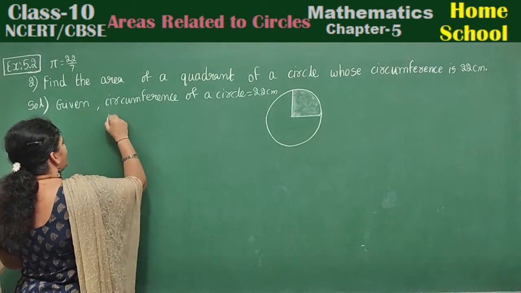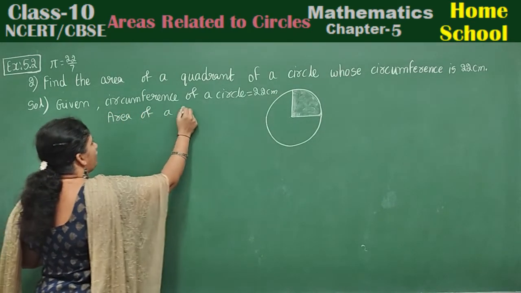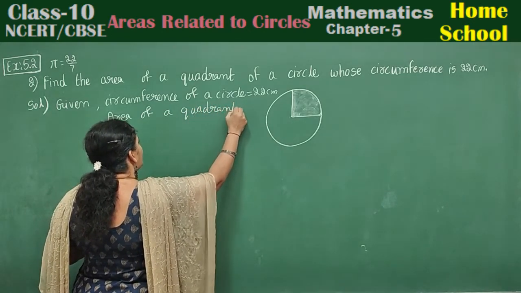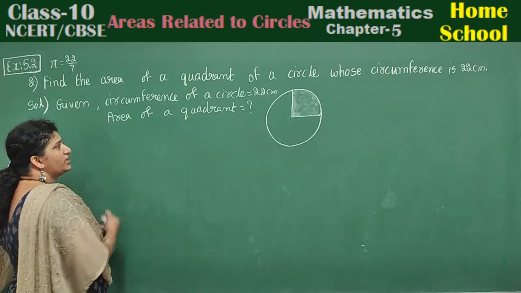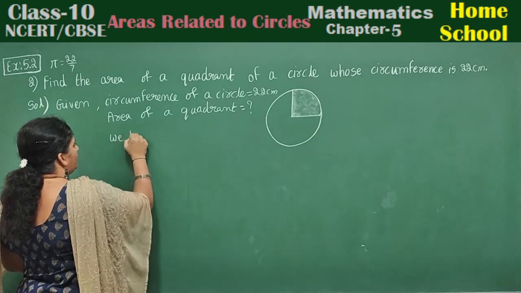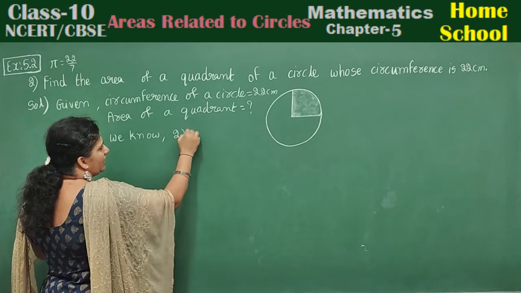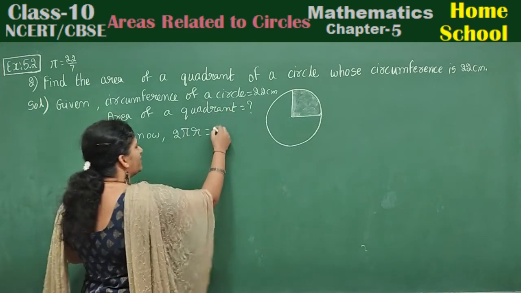We need to find the area of a quadrant is equal to question mark. The area of a quadrant we need to calculate, right? Then what is the circumference of a circle? We know the circumference of a circle is how much? 2 pi r.